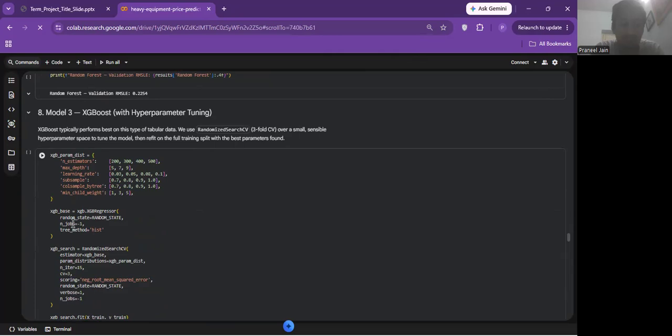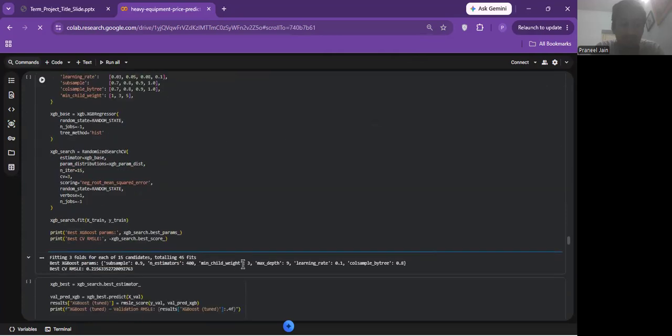In random search CV, we take random hyperparameter combinations instead of taking them all, like grid search CV, which makes it much cheaper. And these are the hyperparameters that we have used.